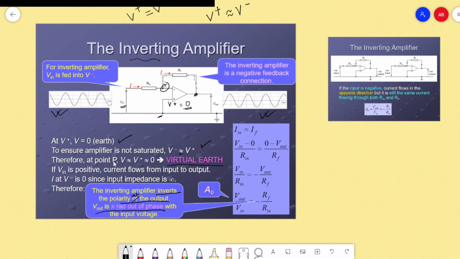So therefore, the voltage at point P is going to be almost the same as V plus, which is almost 0. That's why it is known as virtual earth.